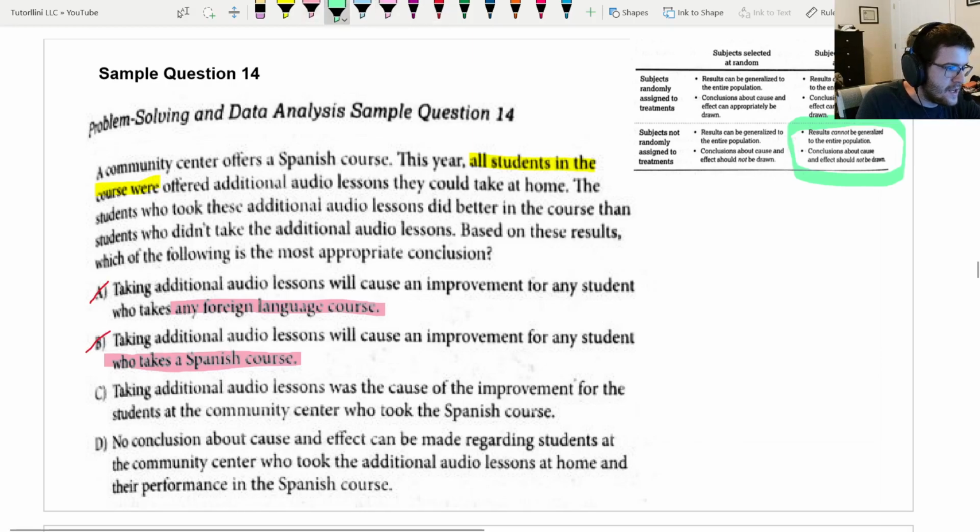This one says, for the students at the community center who took the Spanish course. This one seems really convincing because it is talking about our population, but we did not do random selection or random assignment. We definitely didn't do random assignment. I think we didn't do either.